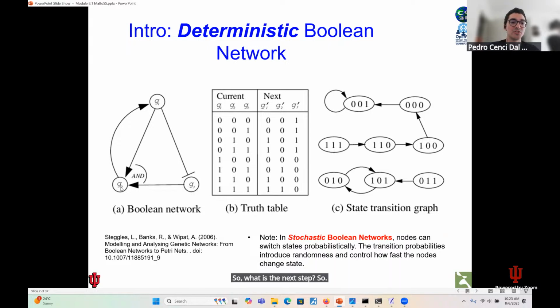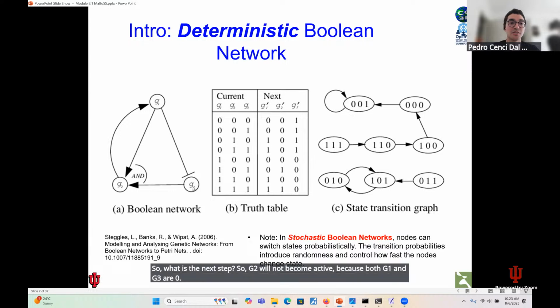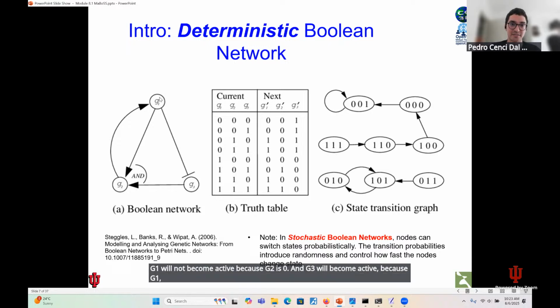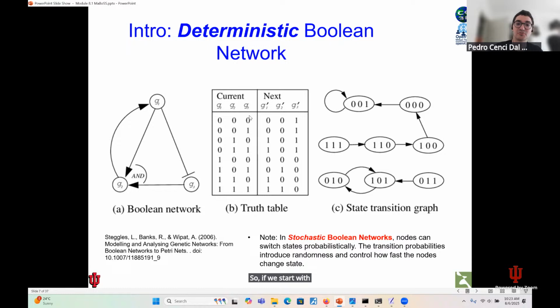G2 will not become active because both G1 and G3 are 0. G1 will not become active because G2 is 0. And G3 will become active because G1, its suppressor, is 0. So if we start with the state 0, 0, 0, the next state is 0, 0, 1. Is that clear? Any questions here?